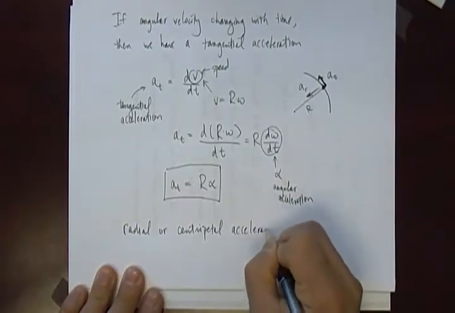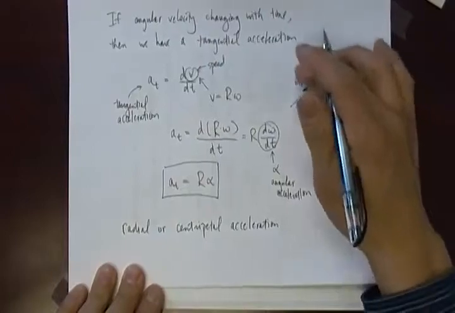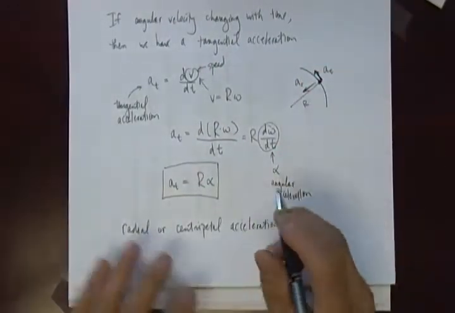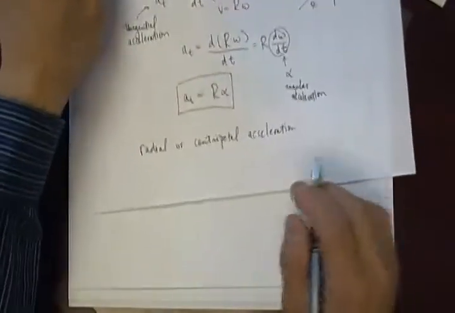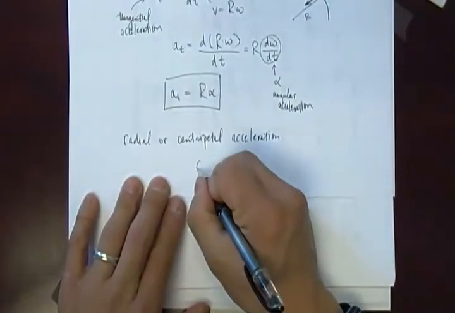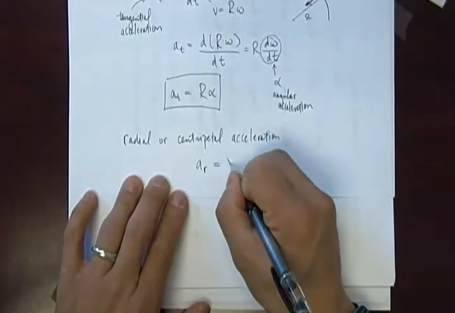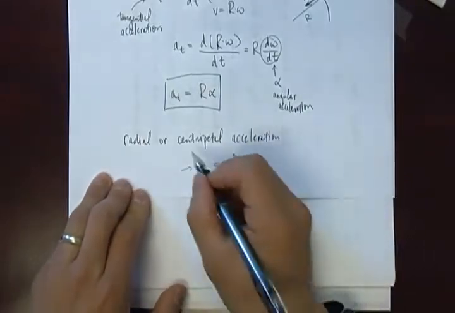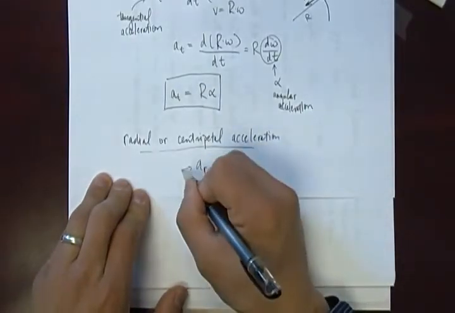So remember, in order to go around the circle, we need some acceleration pointing inwards towards the center of the circle. And the formula is the same as we had before. The radial acceleration a_R is v squared over r. So that's the radial or centripetal acceleration.